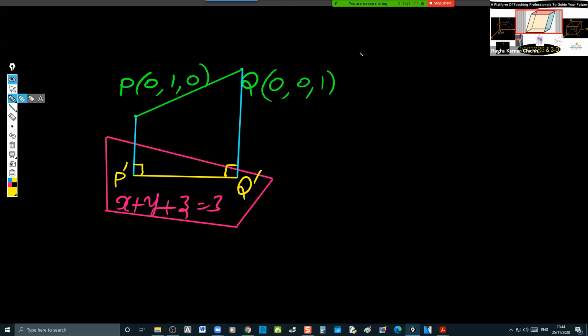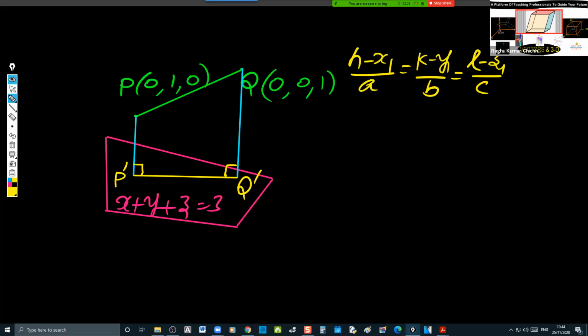H minus x1 by A is equal to K minus y1 by B is equal to L minus z1 by C is equal to, foot means you will get only minus of. If it is image, you will get 2 extra. Minus of ax1 plus by1 plus cz1 plus d divided by a square plus b square plus c square, root will not be there.